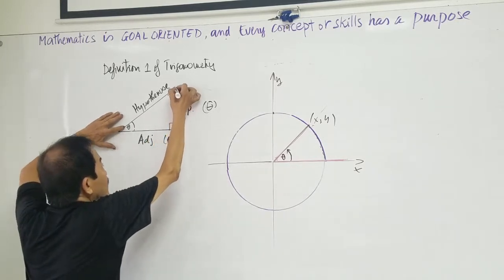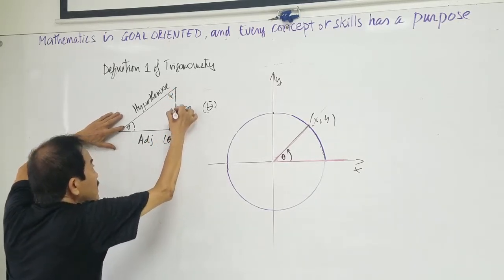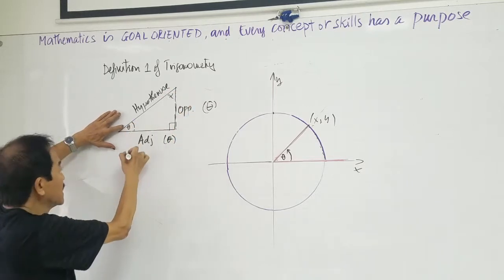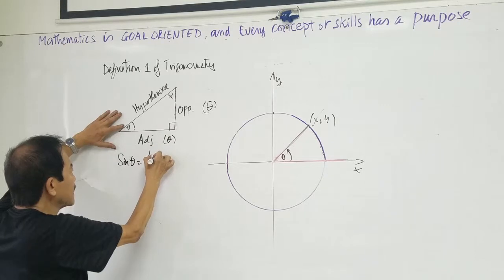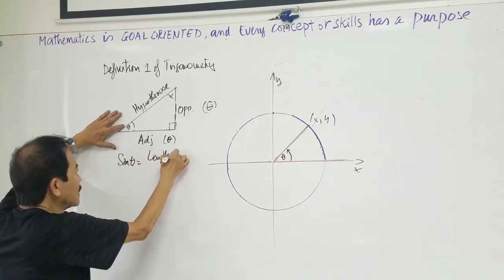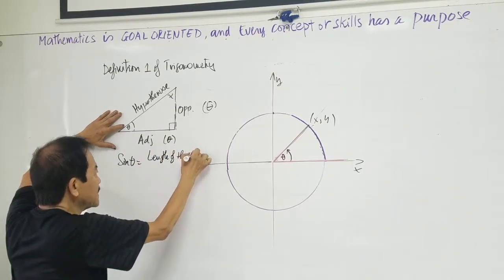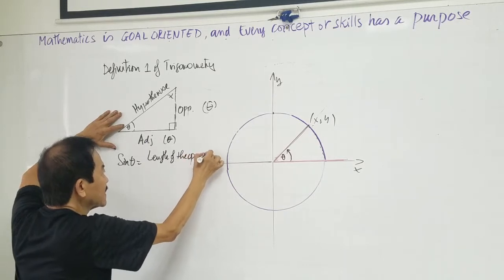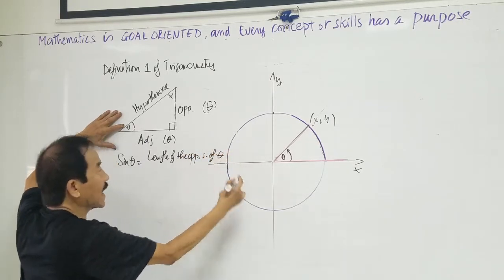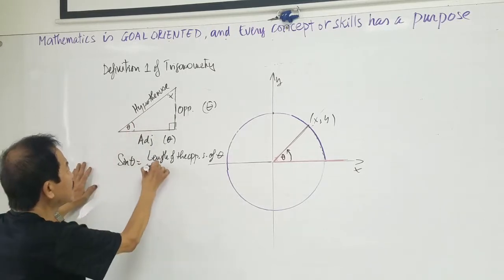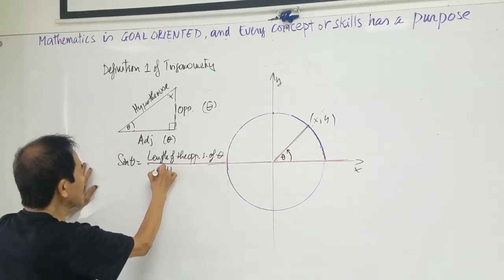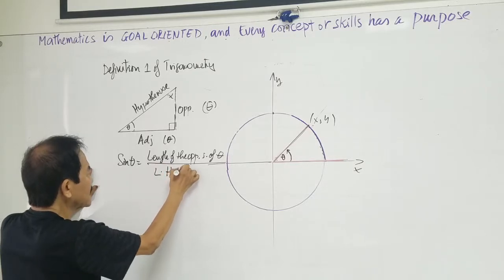If I want to talk about the ratio between this line over the hypotenuse, the name should be sine of theta equal the line of the opposite side of angle theta divided by the hypotenuse, the line of the hypotenuse.